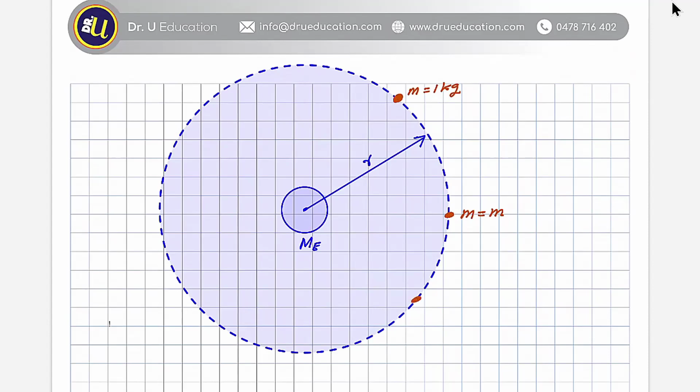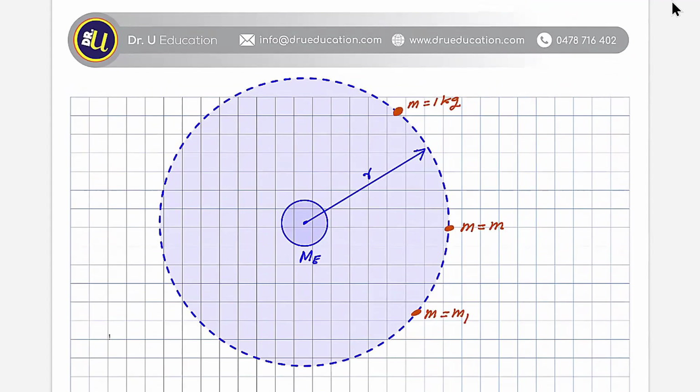Here there is a mass m1. So there are 3 masses. Maybe I'm going to have another mass here, again 1 kg. And a mass here, m equal to 2 kg. Okay, that's it.